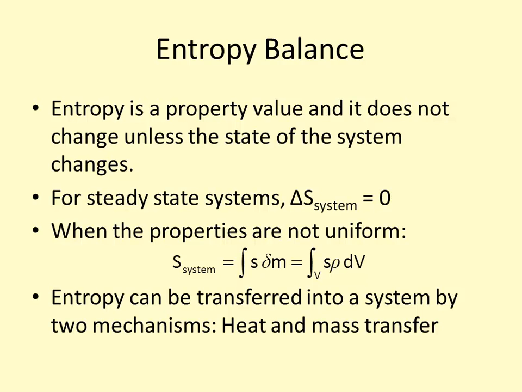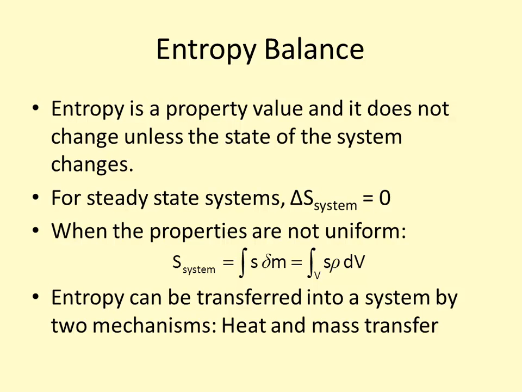Okay, so the amount of entropy you have at each given state is dependent on the state and the properties at that state. But the entropy that you generate depends upon the process. So if the process is a reversible process, your entropy generation would be 0. Okay, if there's no irreversibilities associated with that process, then you're not generating any entropy. The more irreversible it is, the more entropy that you will generate during that process.